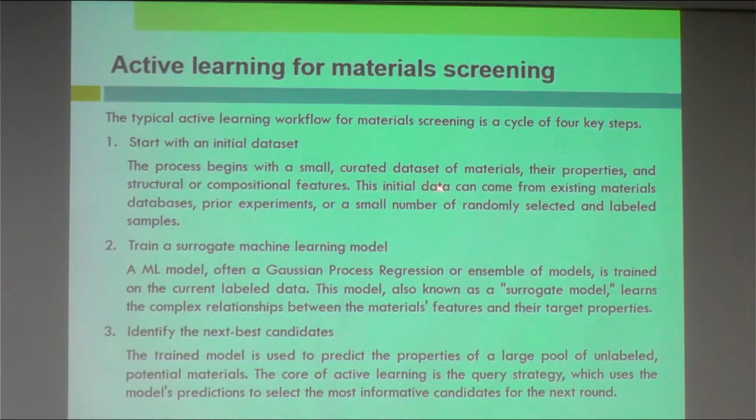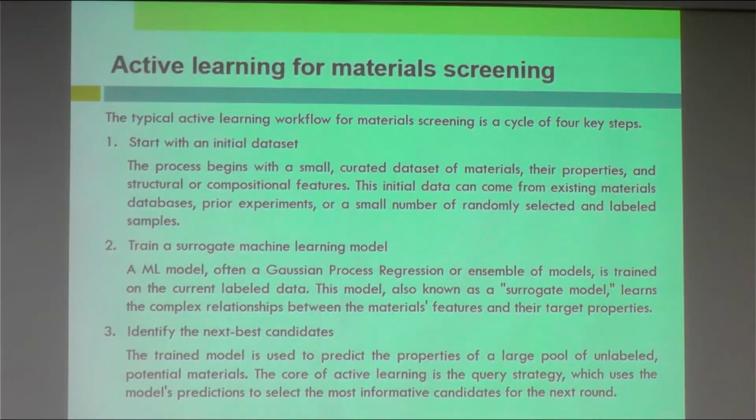This initial data can come from an existing material database, a prior experiment, or a small number of randomly selected and labeled samples. As I mentioned before, we get the data set to be labeled from experimental reports, or from experiments that we do, or from anywhere that provides the information that we require.